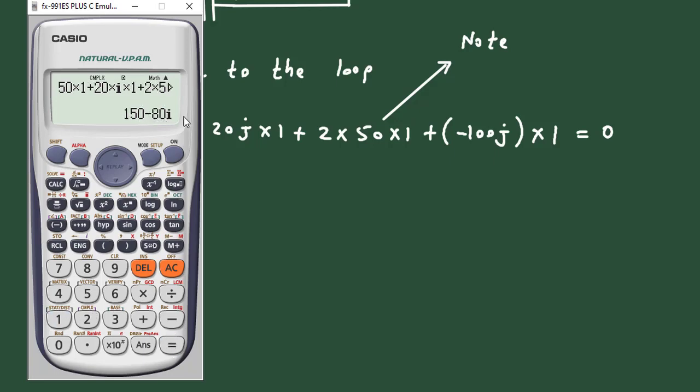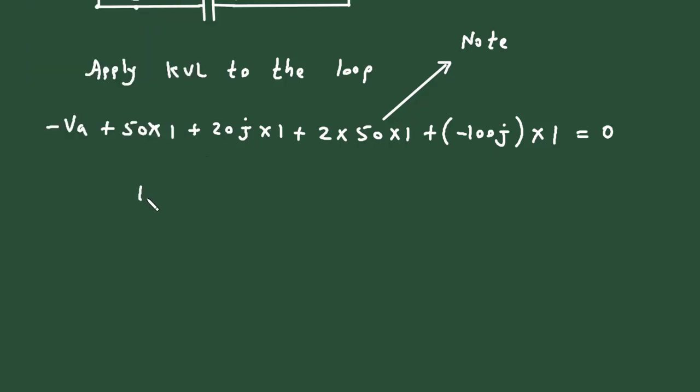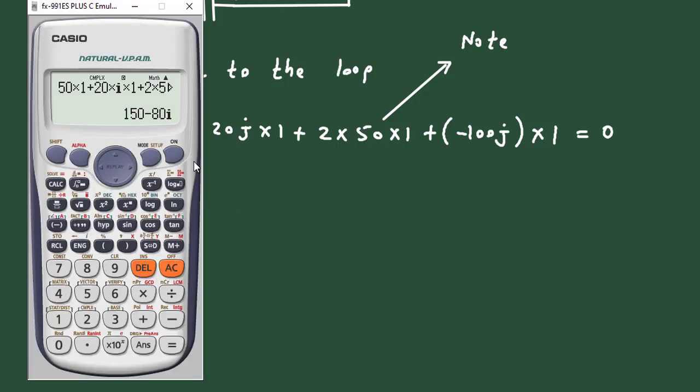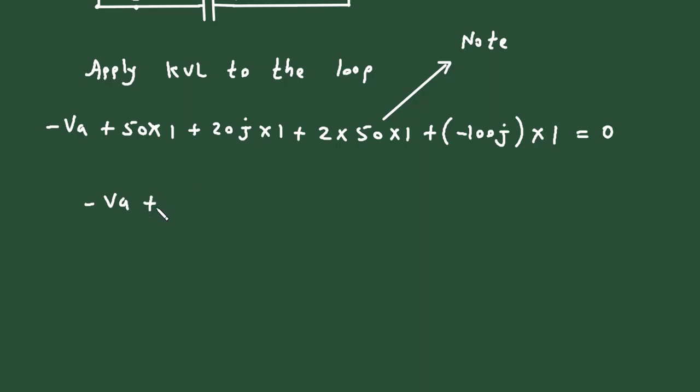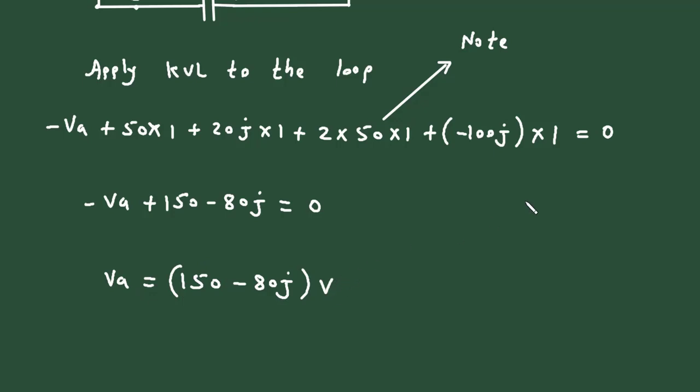So 150 minus 80j, minus VA as it is, then plus 150 minus 80j is equal to 0. If we take this VA on the right side, VA is equal to 150 minus 80j, and since it is a voltage, its unit will be volts.